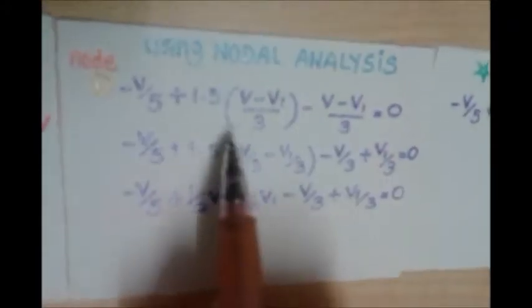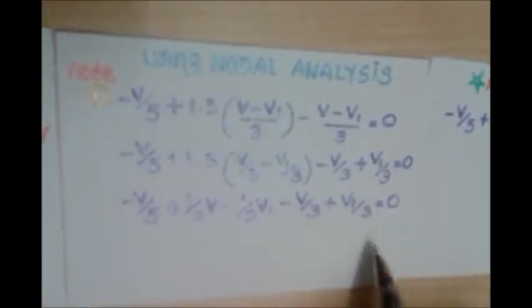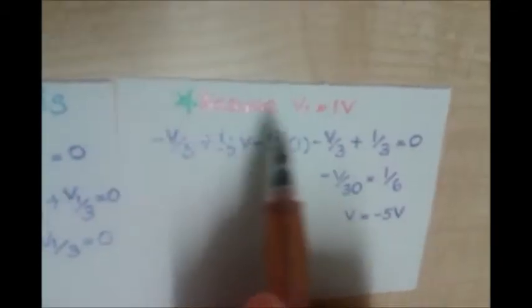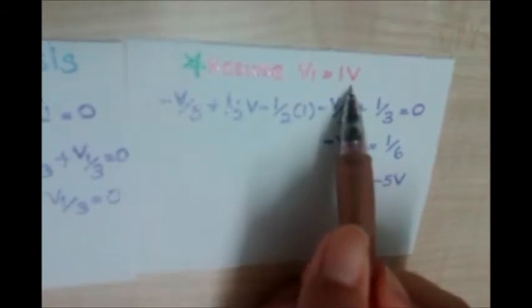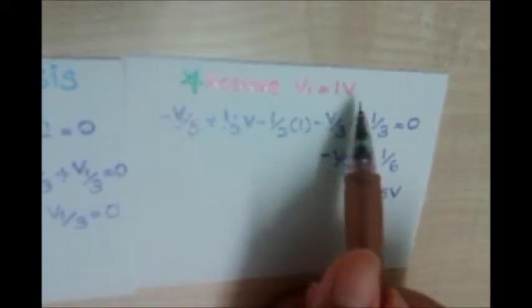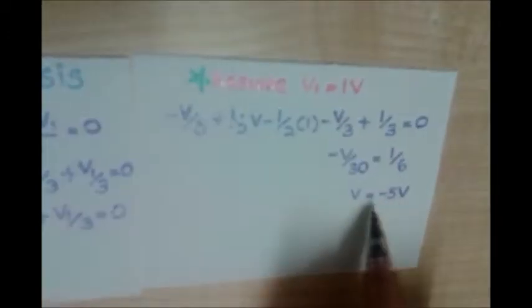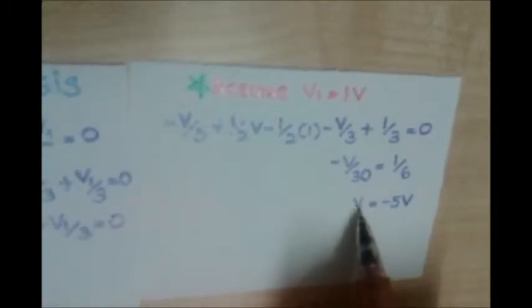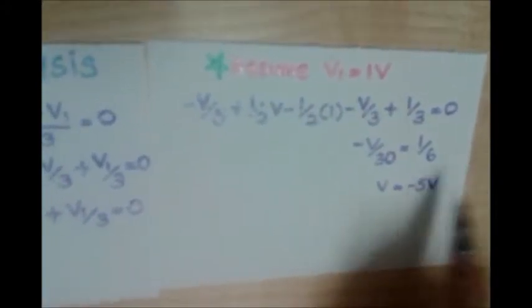After we simplify, we can get this answer. But we must assume V1 equals 1 volt. So the final answer is V equal to negative 5 volt.